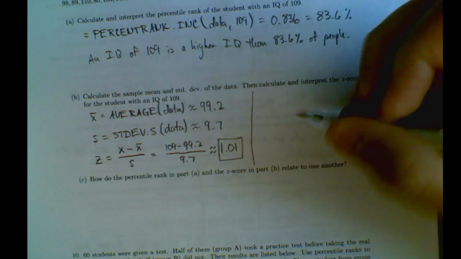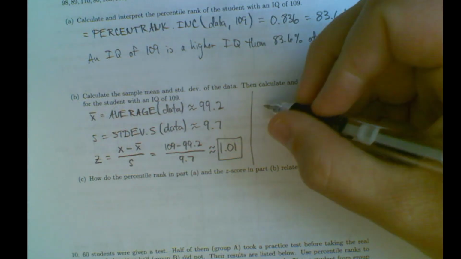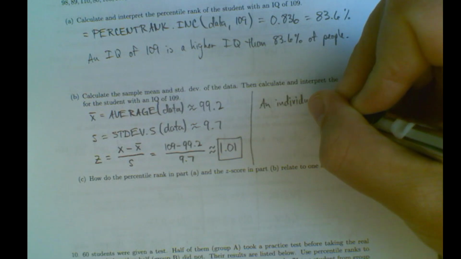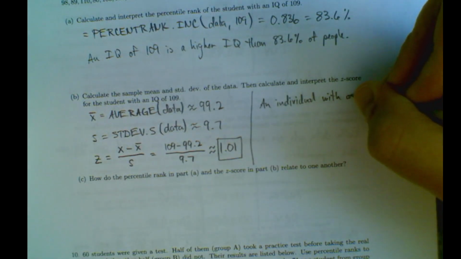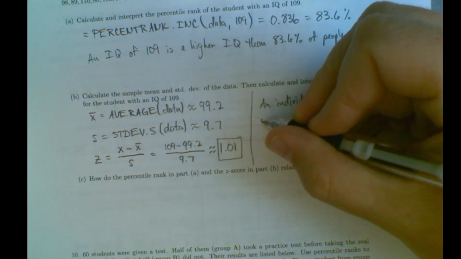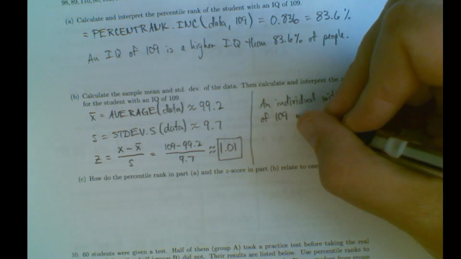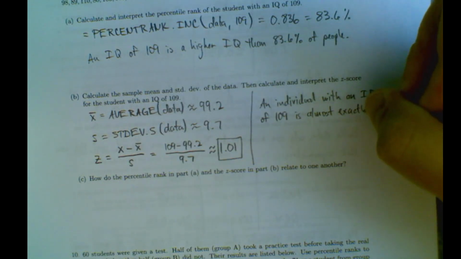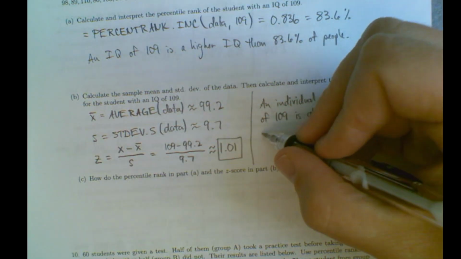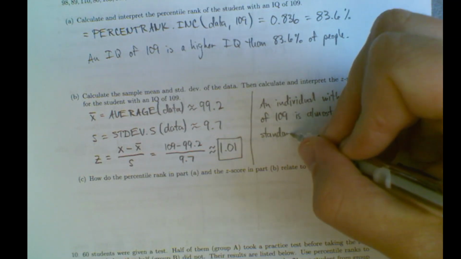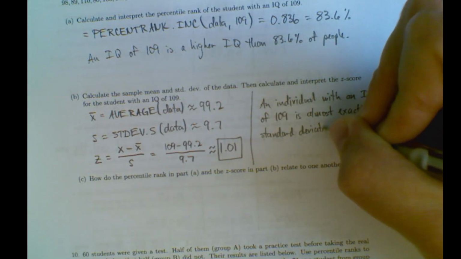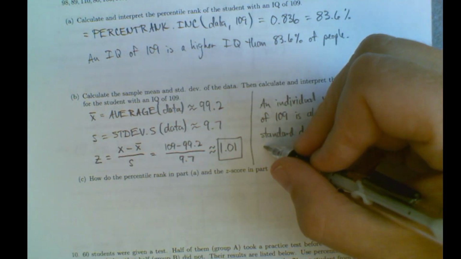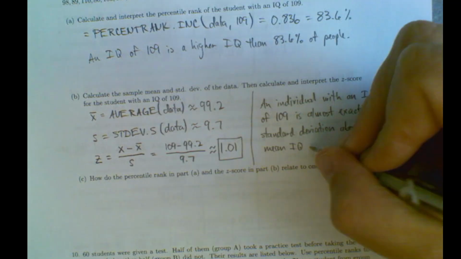So we would say, for our interpretation, an individual with an IQ of 109 is almost exactly one standard deviation above the mean IQ score.